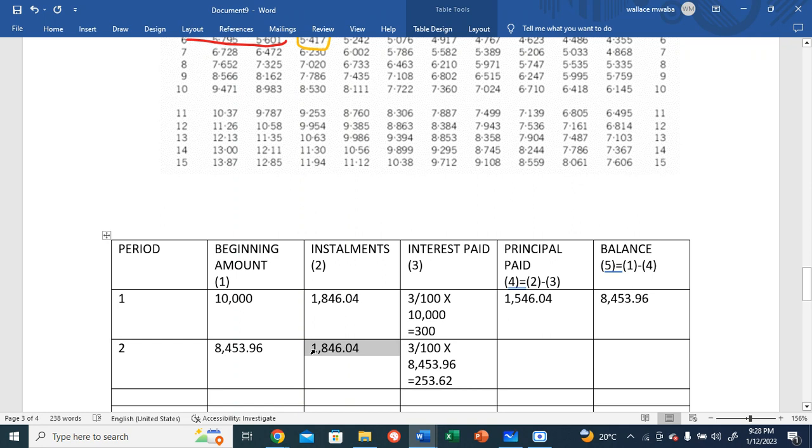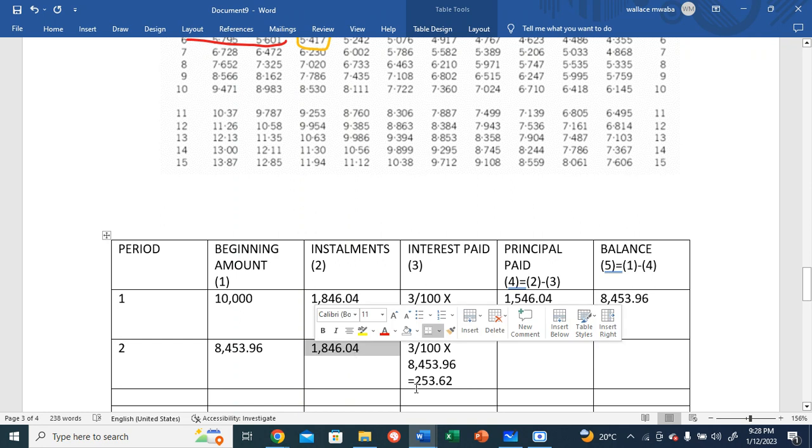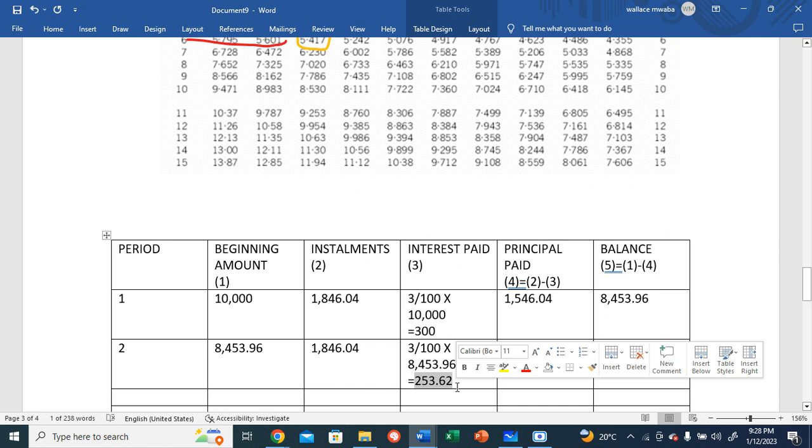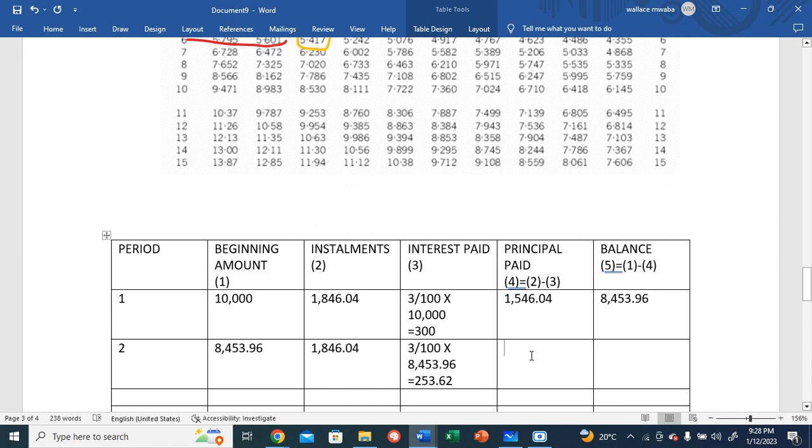Principal paid: 1,846.04 minus 253.62, you get 1,592.42.